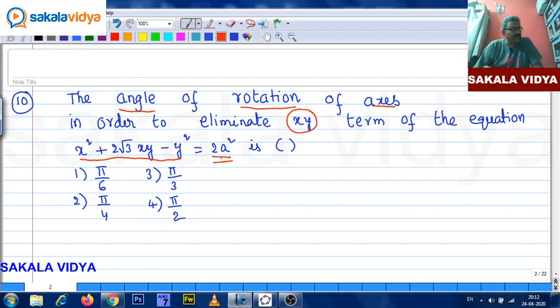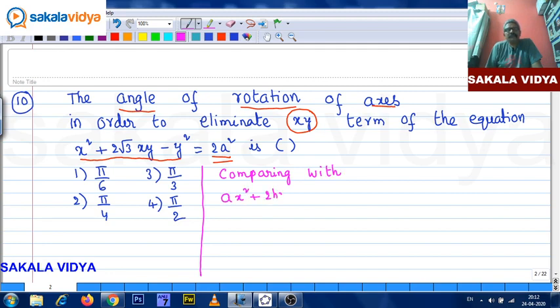We need to compare this with ax square plus 2hxy plus by square equal to some constant. Then we write the a value, 2h value and b value, and evaluate theta. So here a equals x square coefficient, which is 1, 2h equals 2 root 3, and b equals minus 1.